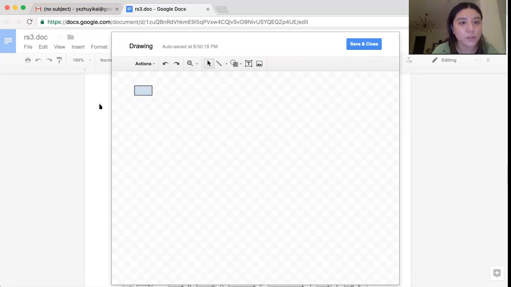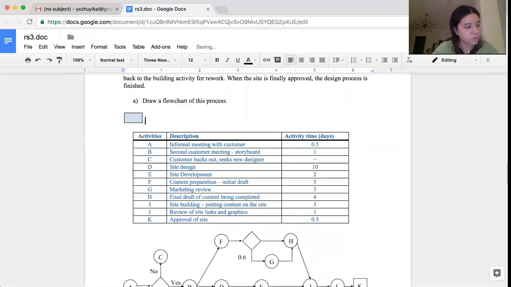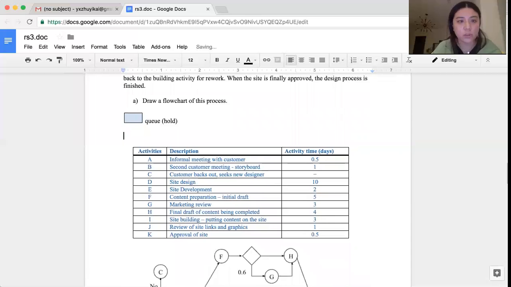The right angles are used to represent queues, which is like something on hold.